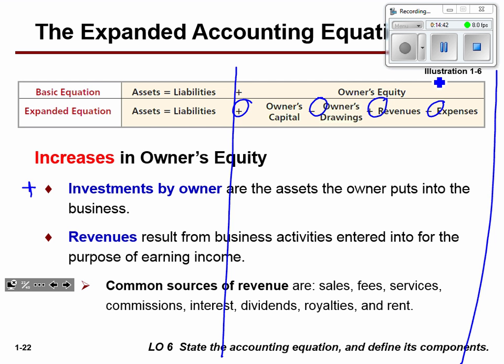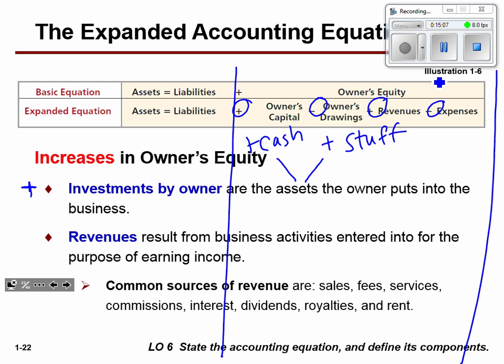Investments, so put a plus, wherever it makes sense in your notes. Here's what makes the owner go up. Investments. If ever the owner decides to add more assets, here's where I see the two. They could add more cash, or they could add more stuff. Their overall worth is going to go up.